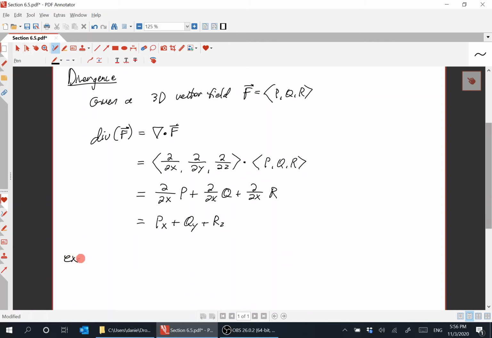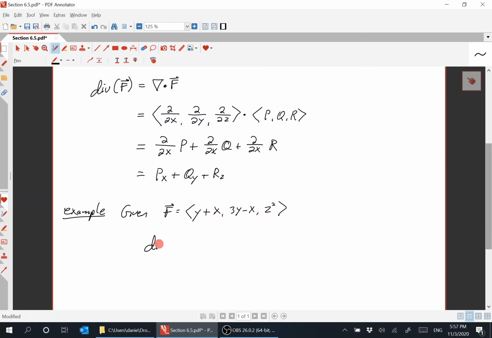So for example, given the vector field F equal to y plus x, 3y minus x, z squared, the divergence of F is just the derivative of the x component with respect to x, 1, plus the derivative of the y component with respect to y, 3, plus the derivative of the z component with respect to z, 2z.